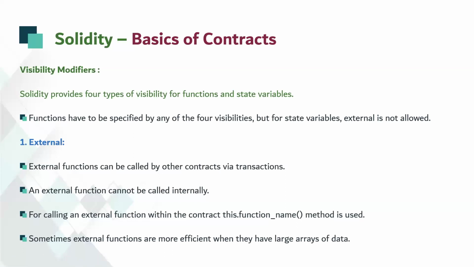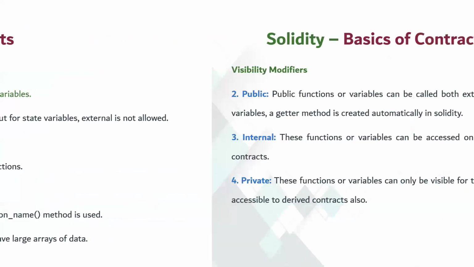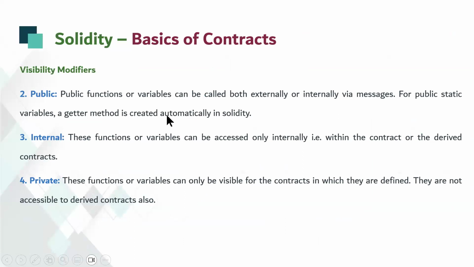So external functions are commonly used when you want to allow other contracts to interact with a specific functionality of your contract. They can be more efficient for large arrays of data, as they avoid copying the data when called externally. About the public here, public functions or variables can be accessed both externally by other contracts or accounts and internally within the contract itself.